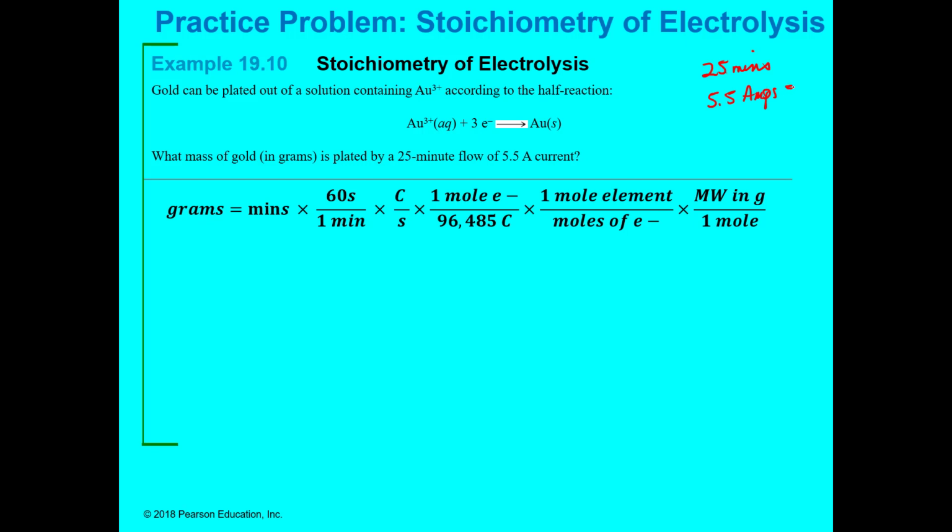Remember, an amp is equal to a coulomb per second. In this reaction, it tells you that you're transferring 3 electrons, so that's how many moles of electrons. The only other thing you really have to look up is the molecular weight of gold, which is Au, and it's 196.97. You might have to look up the molecular weight, and you know how to do that.